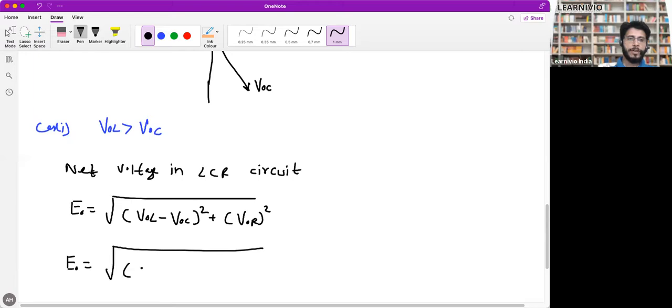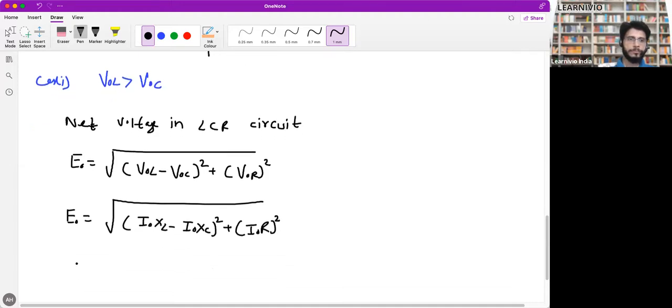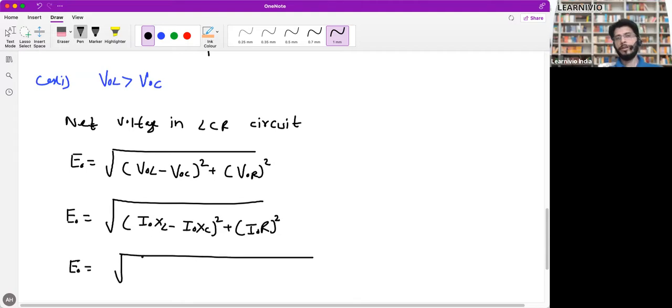See, V naught L, I can write this as I naught XL. V naught C, I can write as I naught XC, square. V naught R is I naught R, square. Now you can take I naught square as common from here, and you're left with (XL minus XC) square.